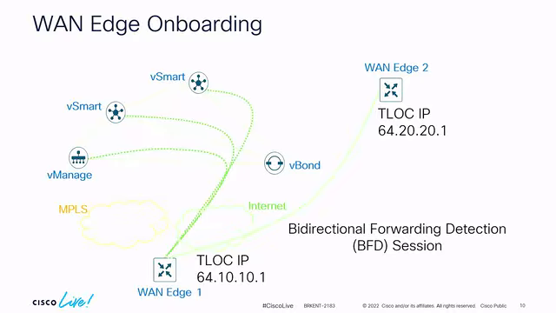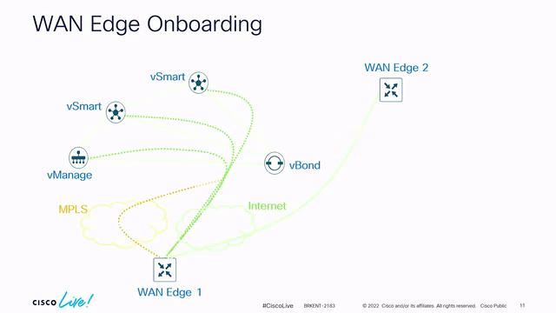Now we know that we often don't just have one transport, right? We have multiple transports here. So when vManage sends us our full configuration, we can configure these other transports that we might have, and once I have the correct configurations, I can go ahead and make those control connections over those transports as well.